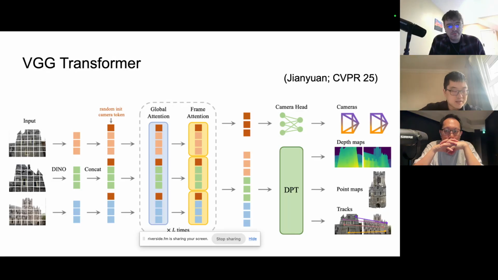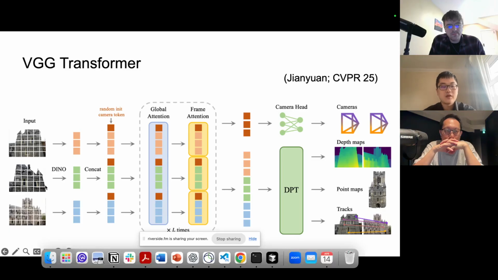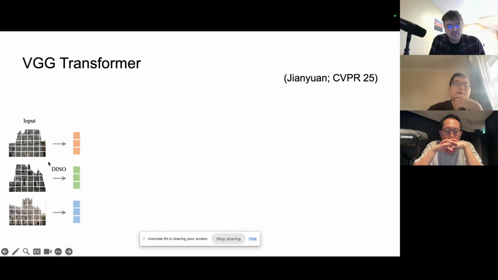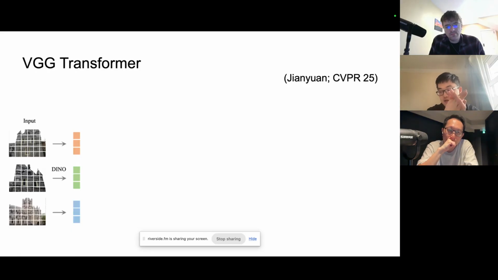Okay, here's the basic idea. Given several input frames, we first use Dino to patchify the input frames into several image tokens. Patchify here means that p times p pixels are viewed as one patch, and one patch is a small grid component.